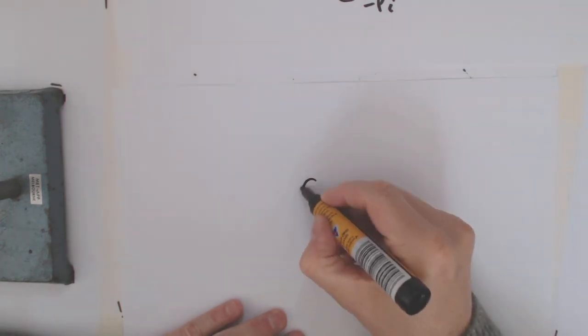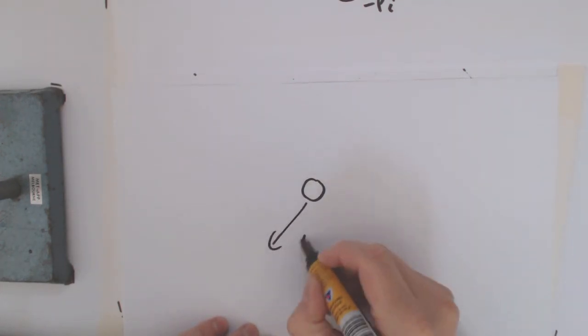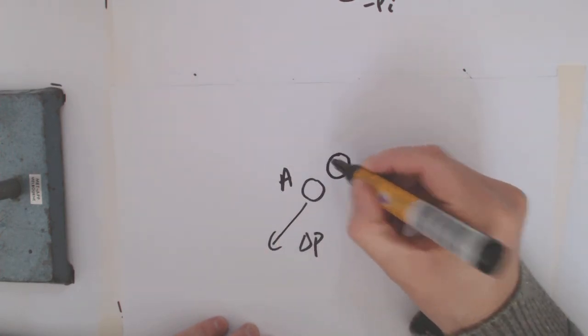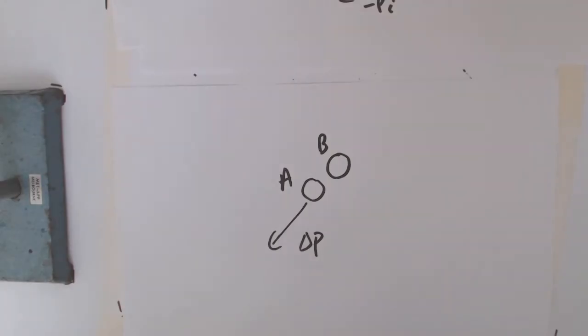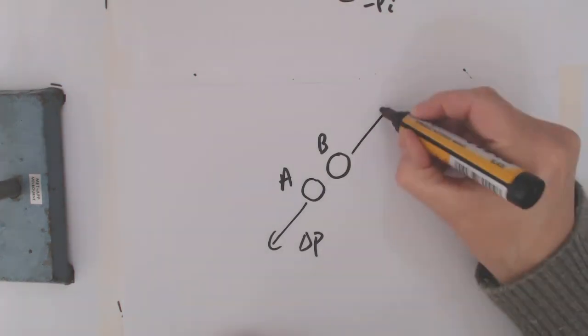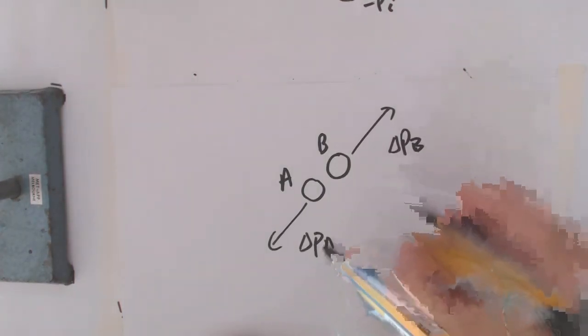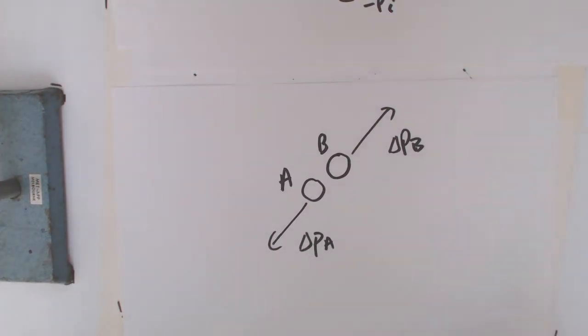If ball A has a change in momentum like that, ball B must have an equal and opposite change in momentum, which would be that. This is the thing about collisions.